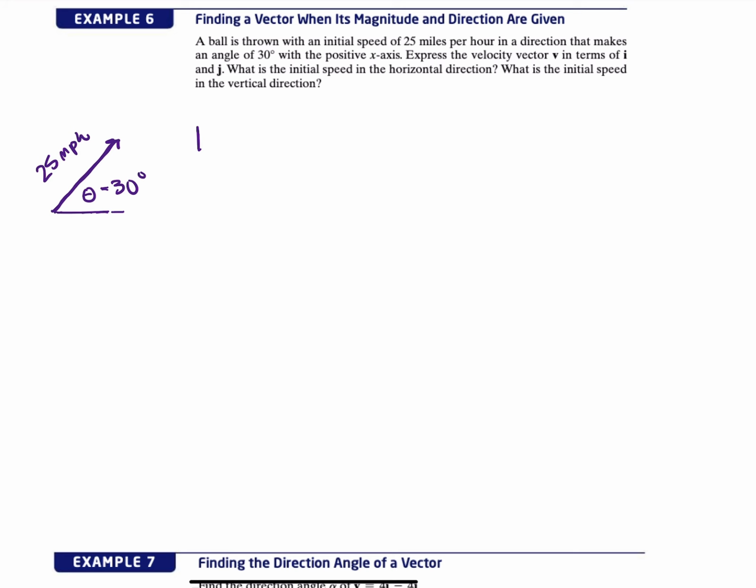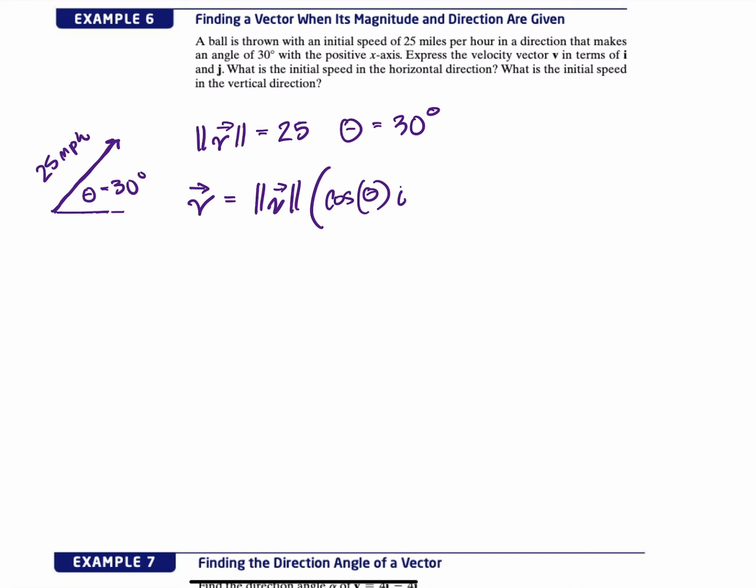So for us, the magnitude of our vector is 25 miles per hour. Our angle is 30 degrees. So that means we can describe our vector. We want it in i and j format. So it will be magnitude times the cosine of theta times vector i plus the sine of theta times vector j.